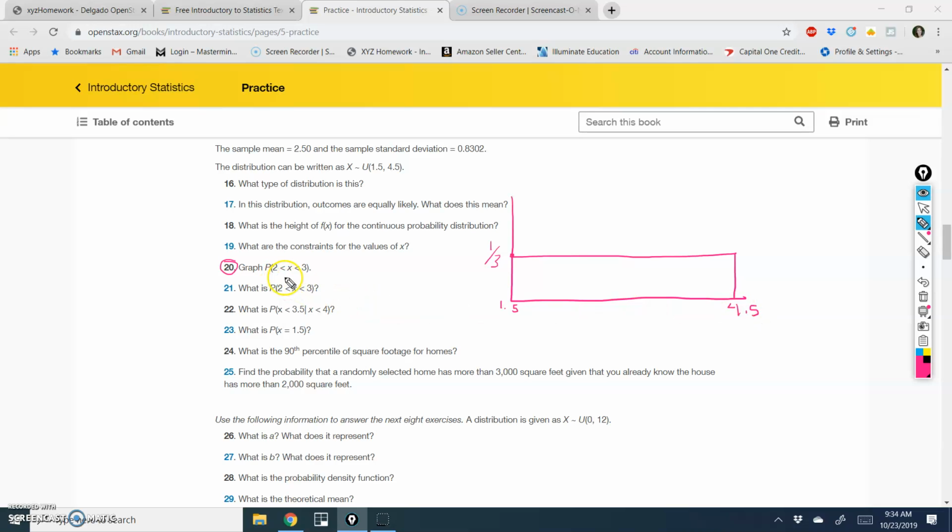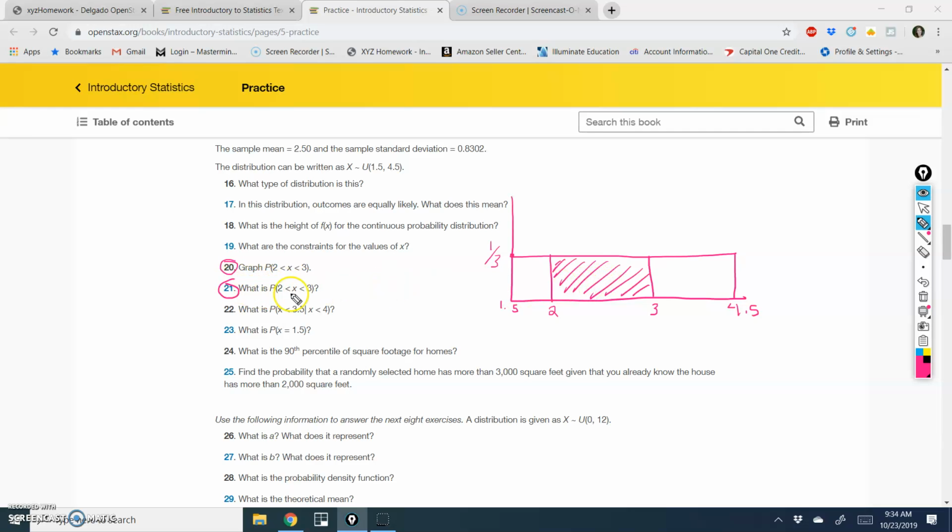To graph the probability that x is between 2 and 3, I'll put 2 right here and 3 right here. The graph of p between 2 and 3 is simply the shaded area between 2 and 3, simply just the block.